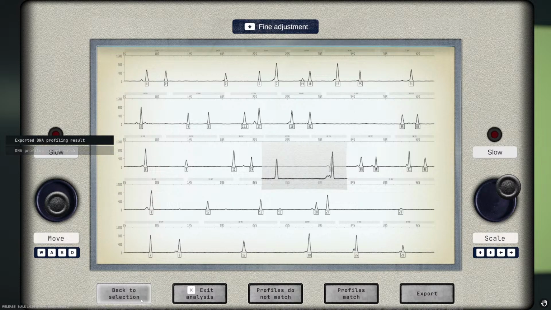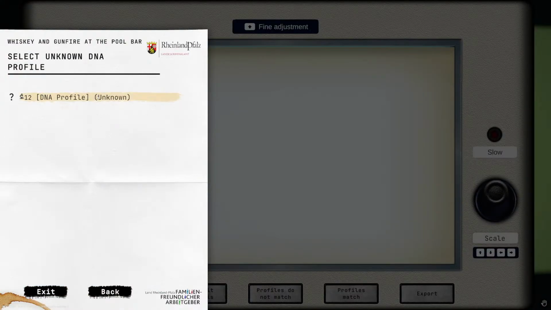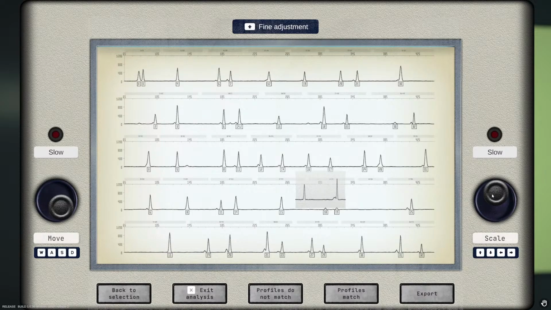We'll export that. Let's go back. Let's check Elena. Let's see if she's got that. No, she doesn't have it either.